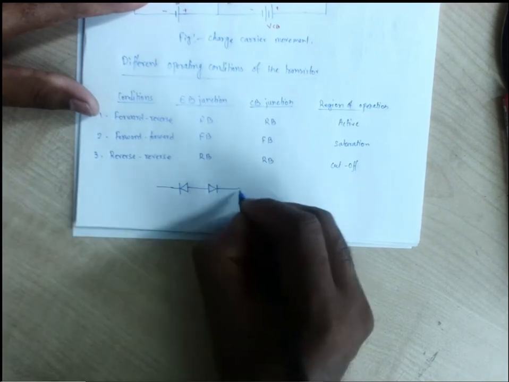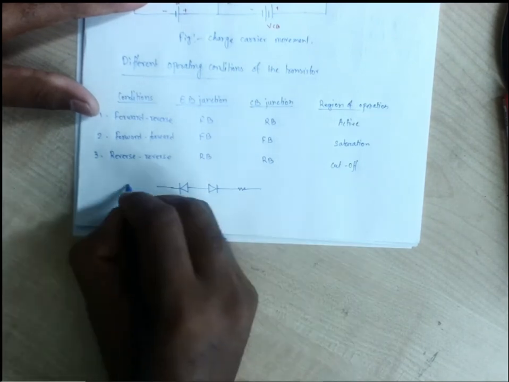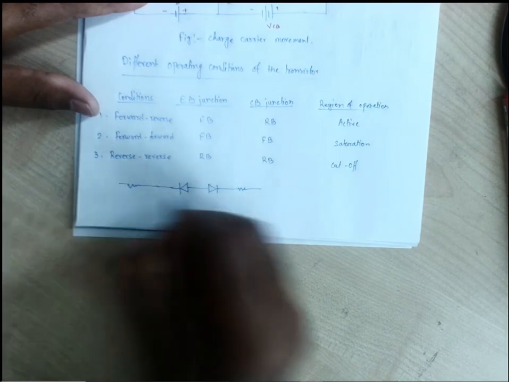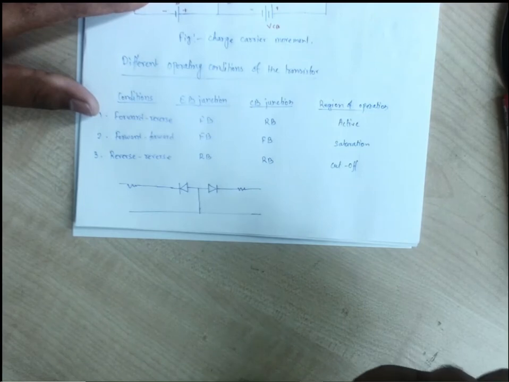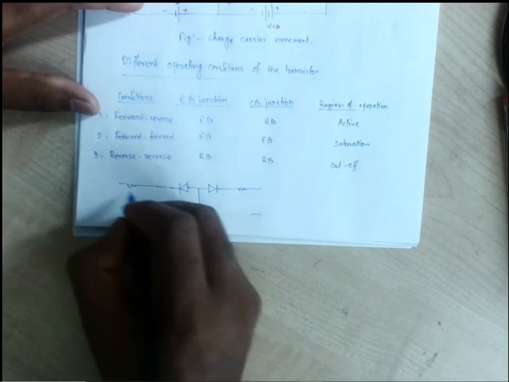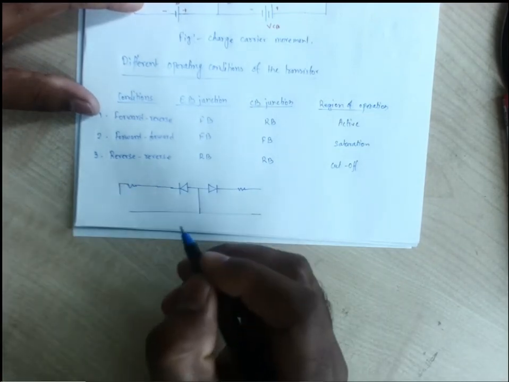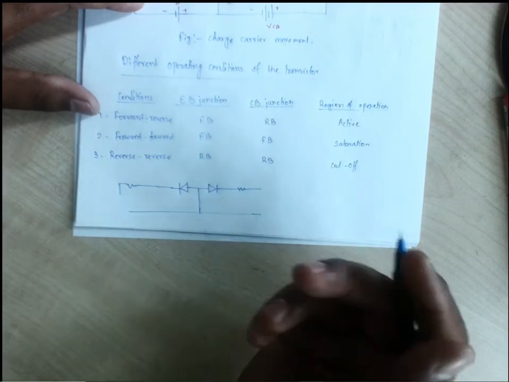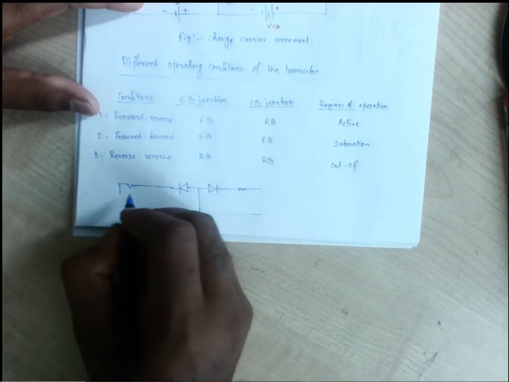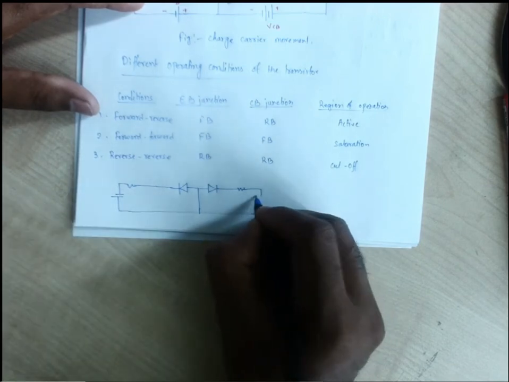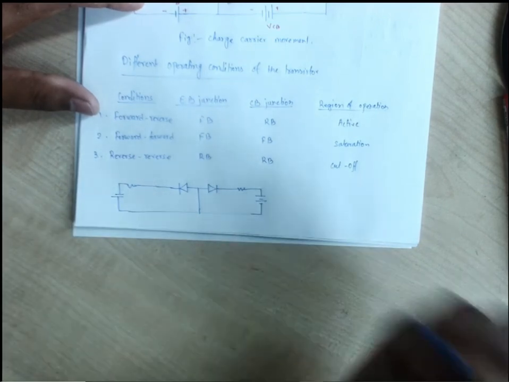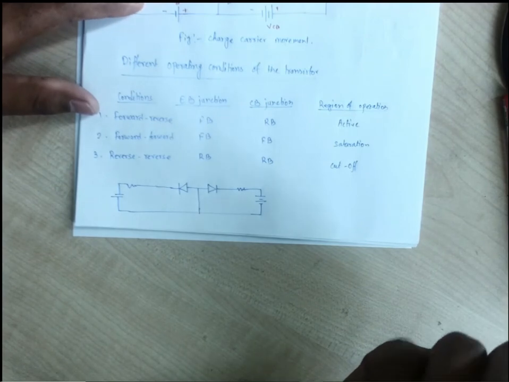If we connect these two with some external resistor, can we practically have the operation of a transistor or not? We give the forward bias and we give the reverse bias. So can we have the transistor operation or not?